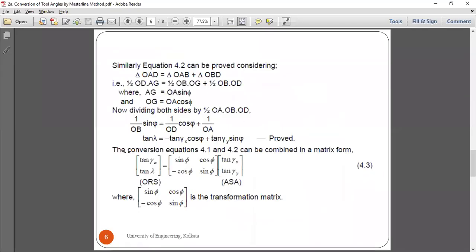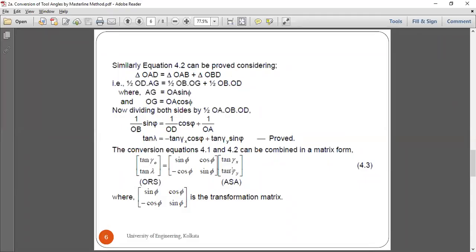And then you can convert both the equations into matrix form. From ORS to ASA, you can convert using the transformation matrix, that is sin phi, cos phi, minus cos phi, sin phi. This is the transformation matrix that we are using. Using this matrix, you can always convert from ORS to ASA.